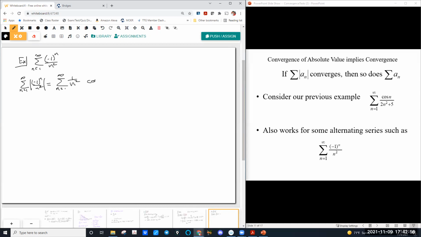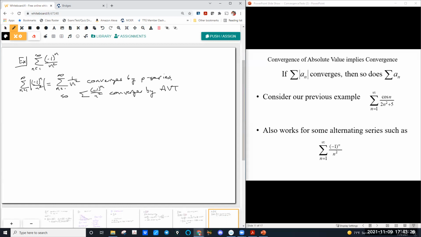This guy we know converges by p series. So we could say (-1)^n over n squared converges by the absolute value test. There's nothing wrong with that. That works perfectly fine.